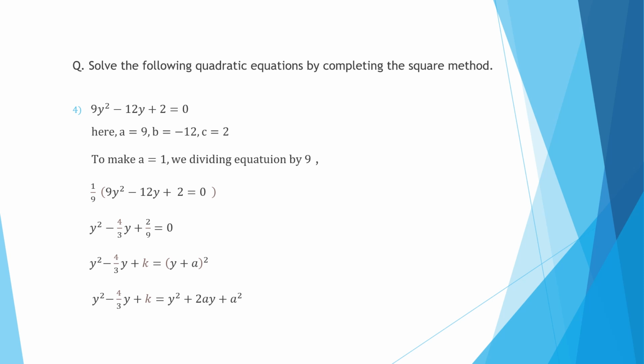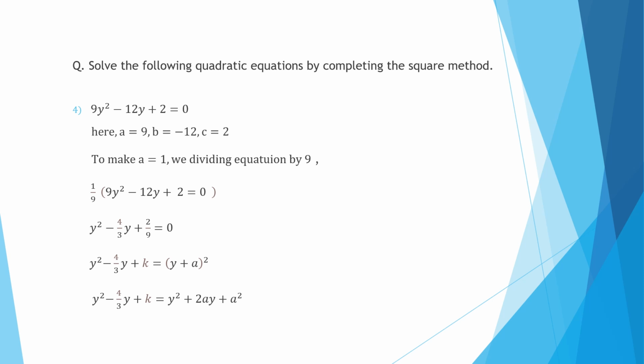After solving we get 9y square by 9 is equal to y square. Then minus 12y by 9 is equal to minus 4 by 3, since 3 fours are 12 and 3 threes are 9.